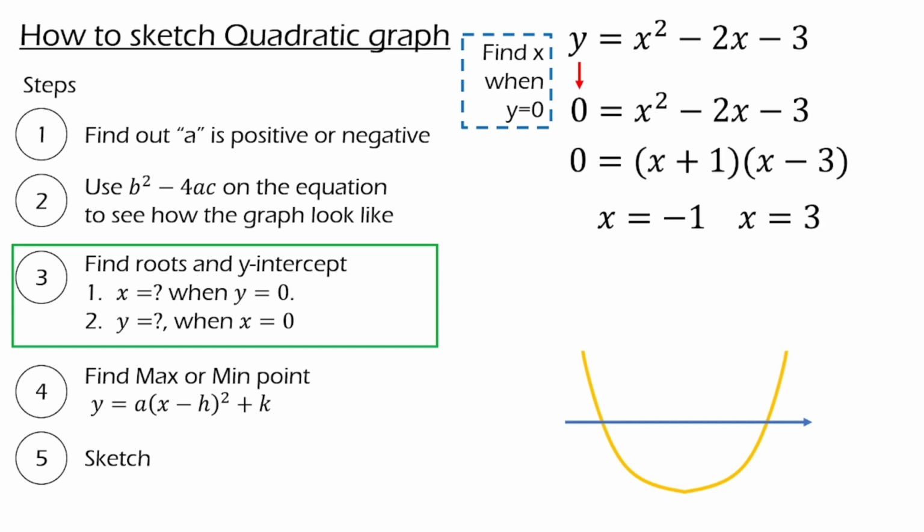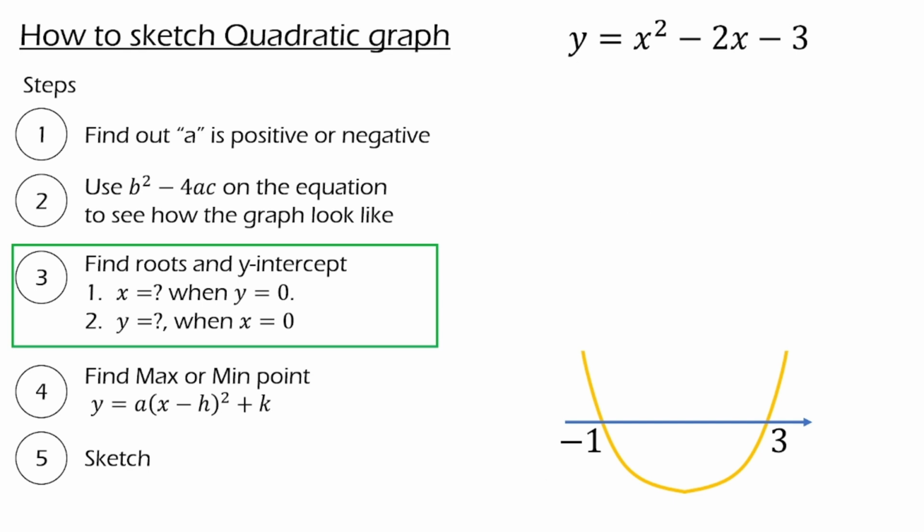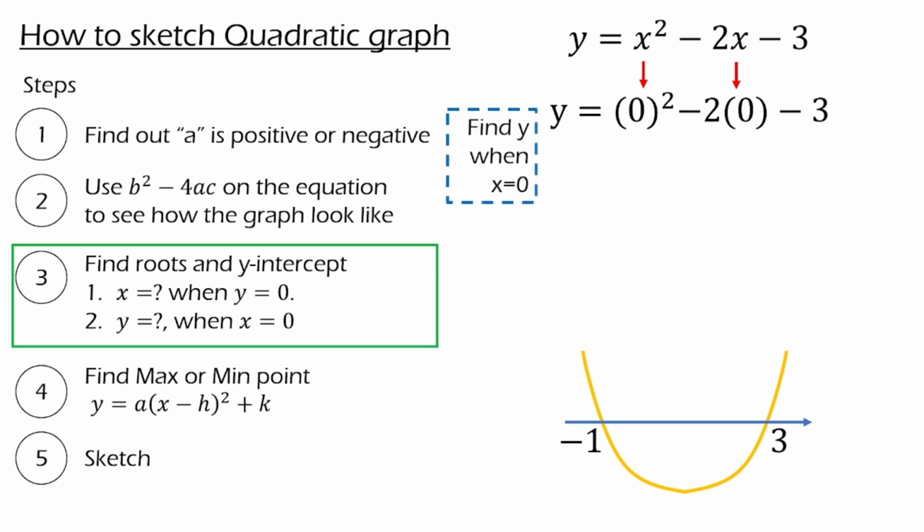Solving it through factorization, we know that our roots are -1 and 3. So we put -1 and 3 here. The next step is to find our y-intercept. This can be done by letting our x equal 0. Solving it, we find that our y is equal to -3.